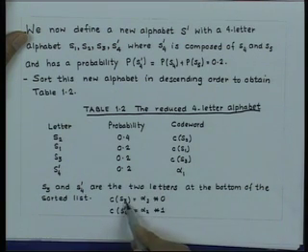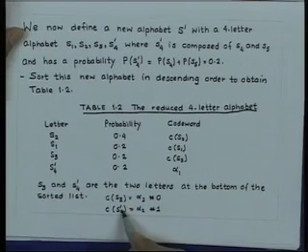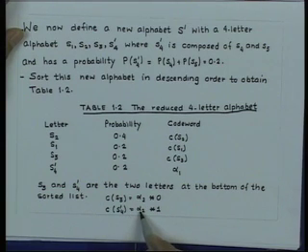So CS3 would be equal to alpha 2 concatenated with 0, and CS4 dash would be equal to alpha 2 concatenated with 1.